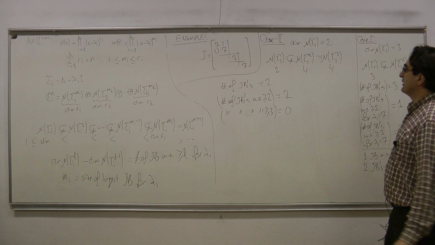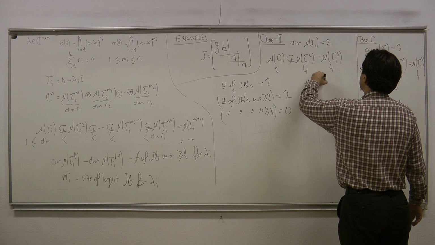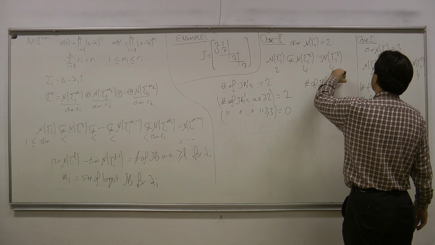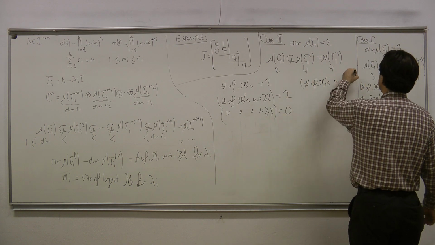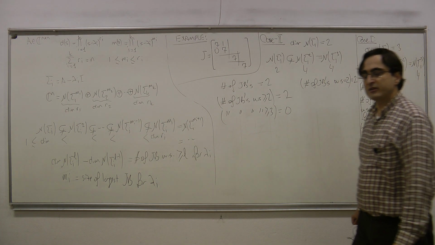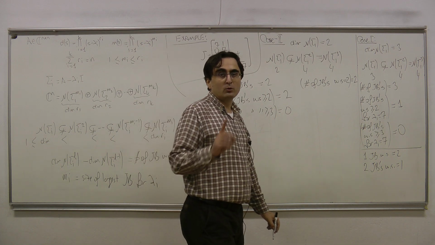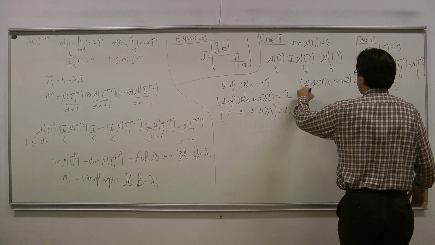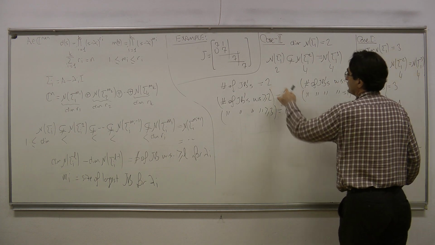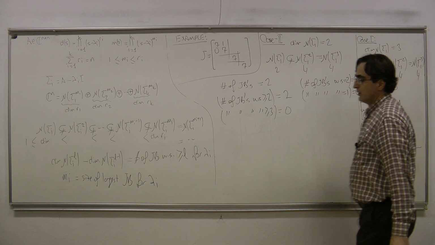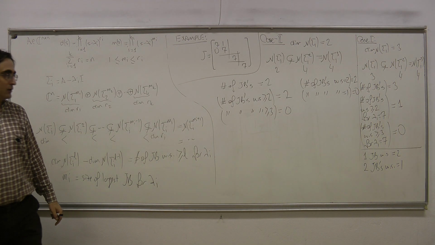So the number of Jordan blocks with size equal to 2 is going to be 2. I have 2 Jordan blocks with size exactly equal to 2. And how many Jordan blocks with size equal to 1? That is going to be just this difference, which is equal to 0. So only 2 Jordan blocks, and both of their sizes are 2.